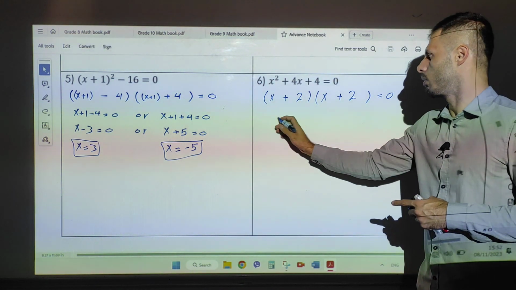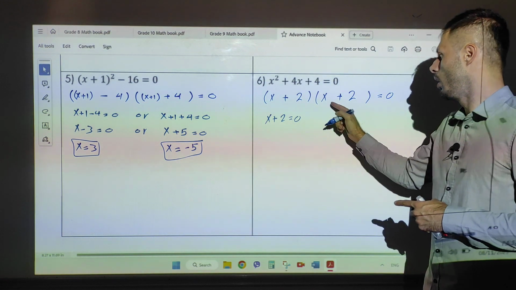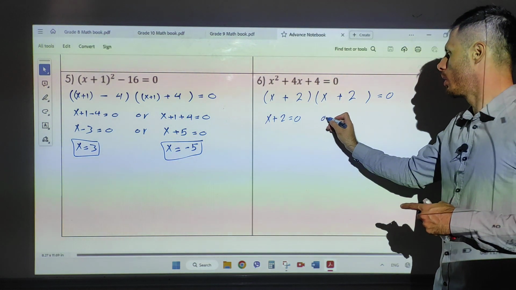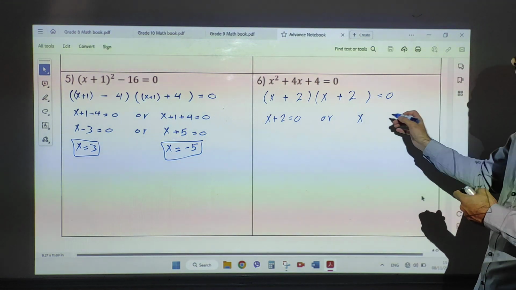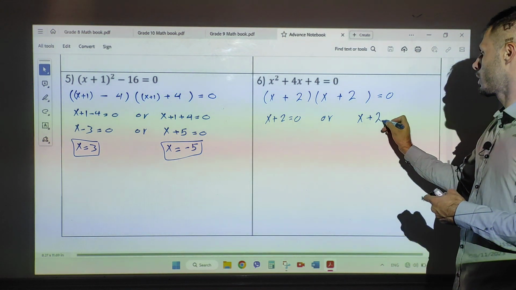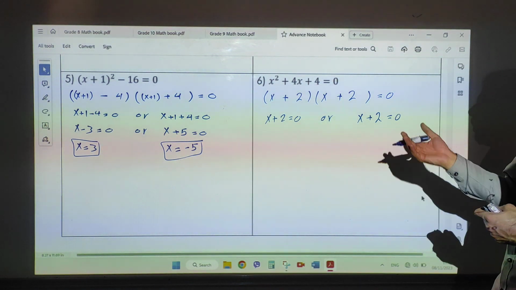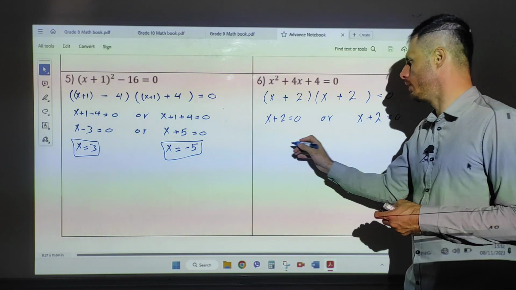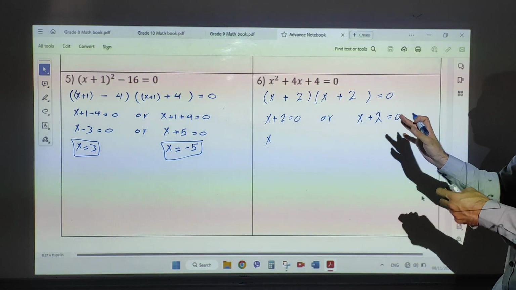Then we will say this one equals 0, or this one equals 0. But in perfect square trinomial, because it's a bracket power 2, always we will get the same result in both parts. It means if you do one of them, that would be enough. But to know the way, in general we do 2 parts.